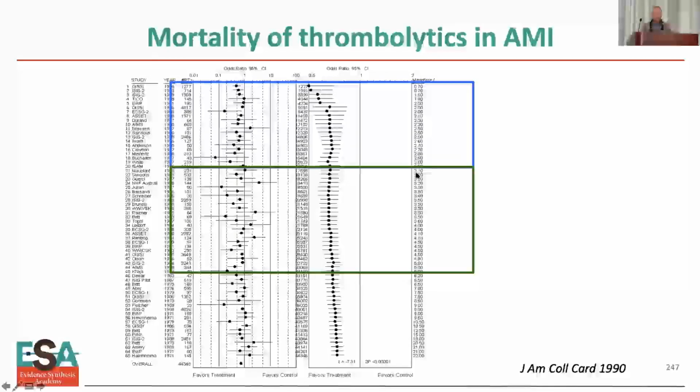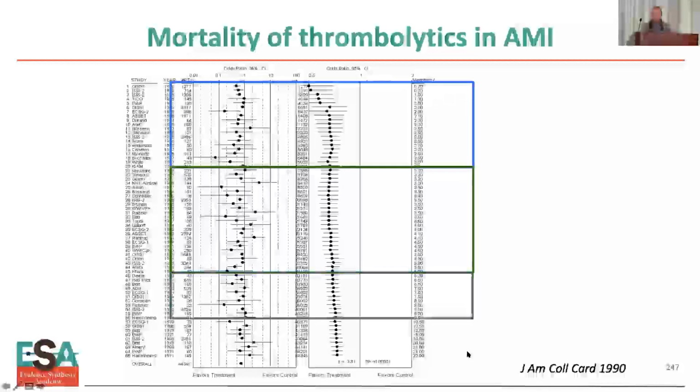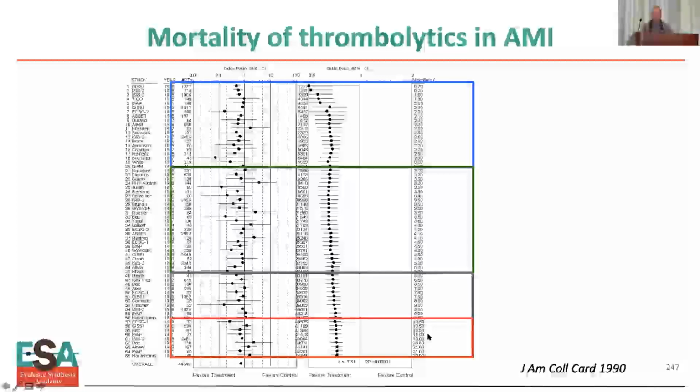In these studies, the mean time to treatment was between 0.7 and 3 hours, right? In other words, in this study, on average, people got their treatment within three quarters of an hour of their first symptoms. In this study, the average person got it within 3 hours of their first symptoms. These studies all are getting the treatment between 3 and 5 hours. These are all between 5 and 10 hours, and these are more than 10 hours.